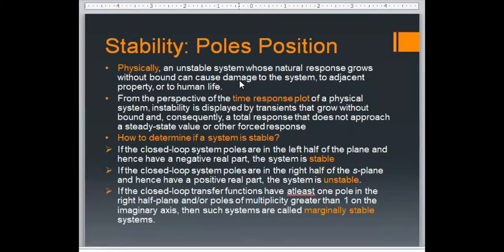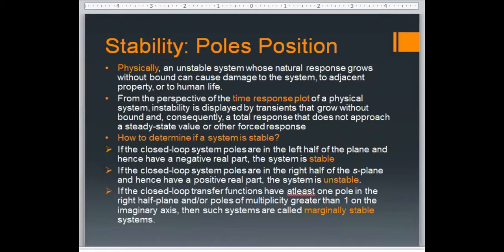If your poles are lying there, or on the left half plane, or a combination of both, then your system would be marginally stable only if it is of multiplicity one. Like, if you have only poles at +j2 and -j2, then your system is marginally stable. But if you have multiple poles at +j2 and -j2, then your system is unstable.